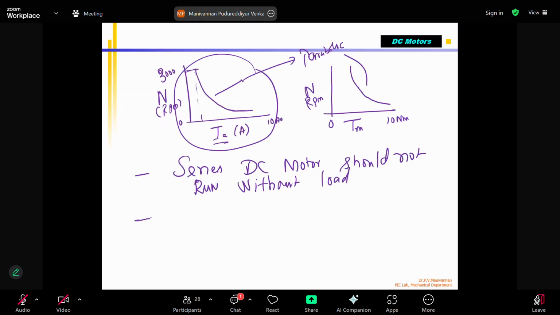Okay. Then application, heavy loads. Heavy loads can be handled because it produces very high torque initially, due to high starting torque.